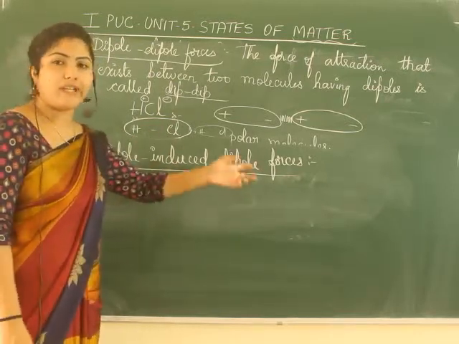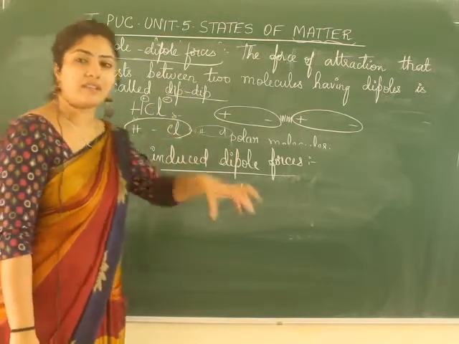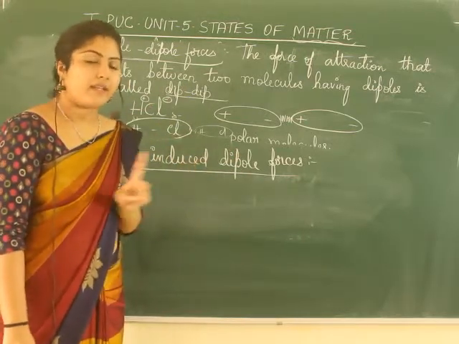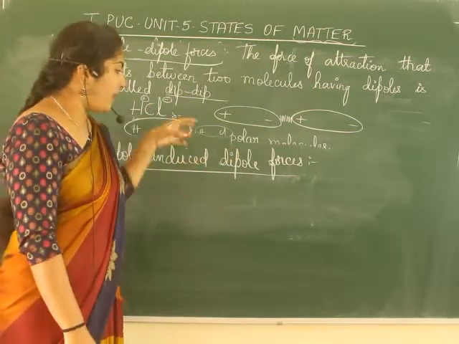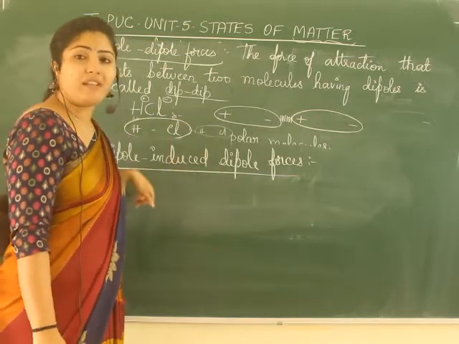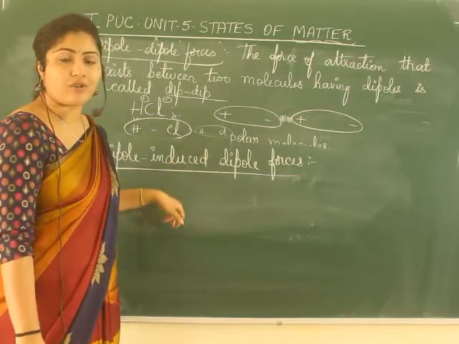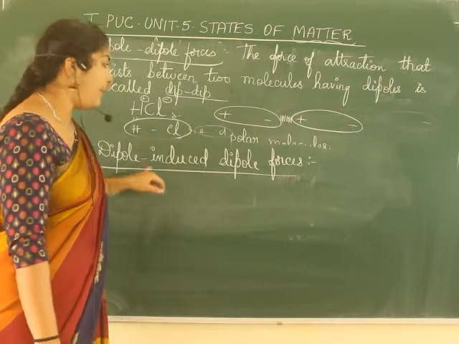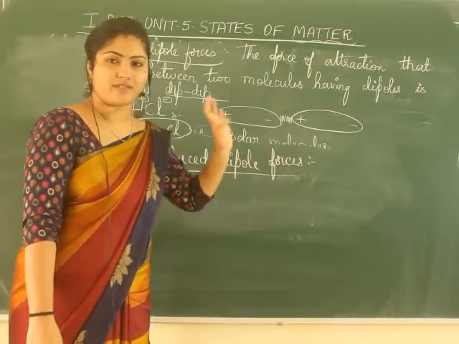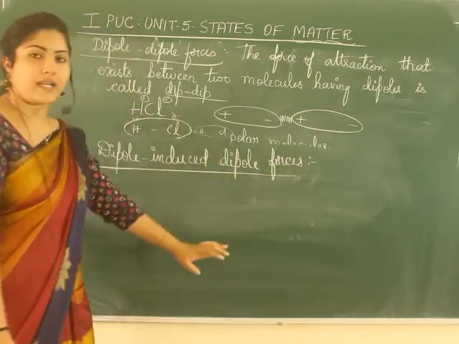Induced dipole, inducing means bringing the dipole there. Earlier there won't be any dipole, but a dipole is brought and then they will have a force of attraction. That is called induced dipole forces. So now we will study about it.